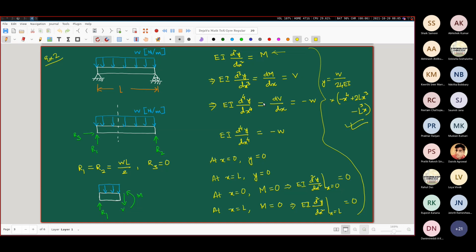In fact, as you move on to higher classes, you will see that when people refer to the equation for a beam to find out the deflection of a beam, they usually refer to this fourth order differential equation.